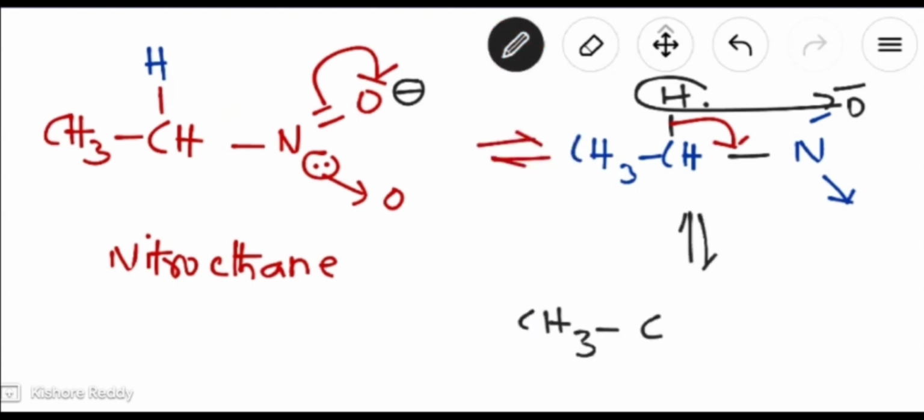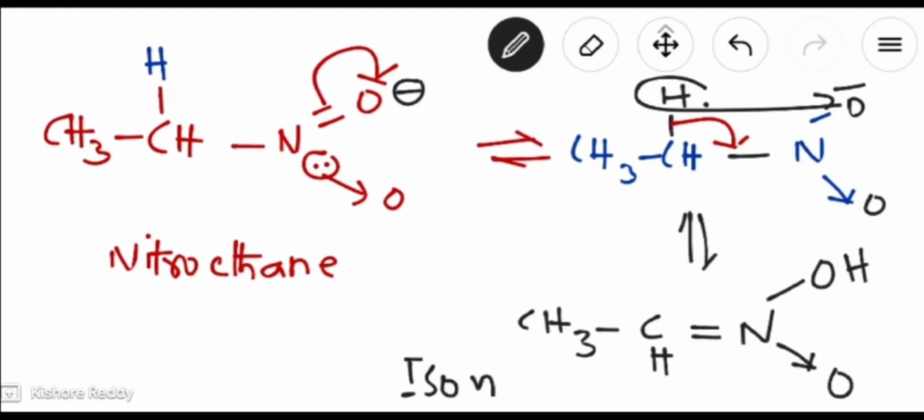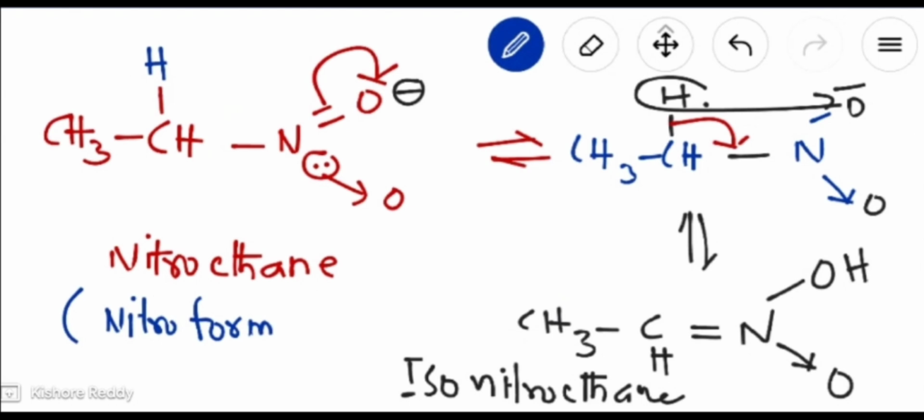CH3 dash CH double bond N, and this will become OH, and the lone pair has formed with the oxygen. Now understood? Clear? So isonitroethane. One more name is also there. You can call it nitroform, and the other one will become aci form. Remember this. It can be isonitro or aci.